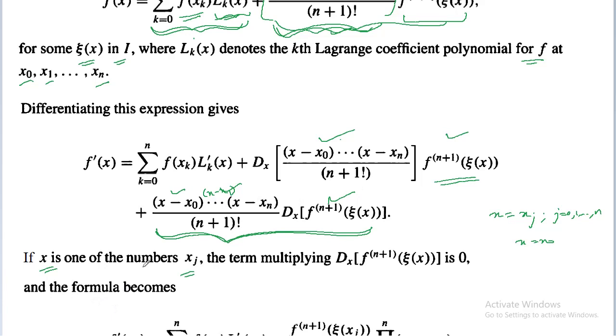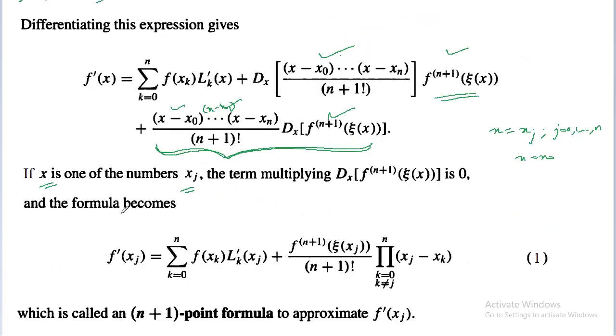So in that case the formula becomes f dash of xj, where x is equal to some xj, is equal to summation k from 0 to n f of xk Lk dash of xj plus this term: f^(n+1) of zeta of x divided by (n plus 1) factorial times the product over k from 0 to n, k not equal to j, of (xj minus xk).